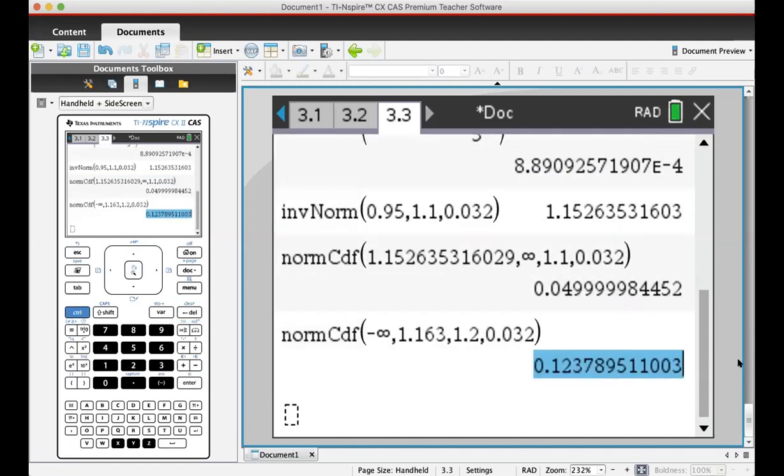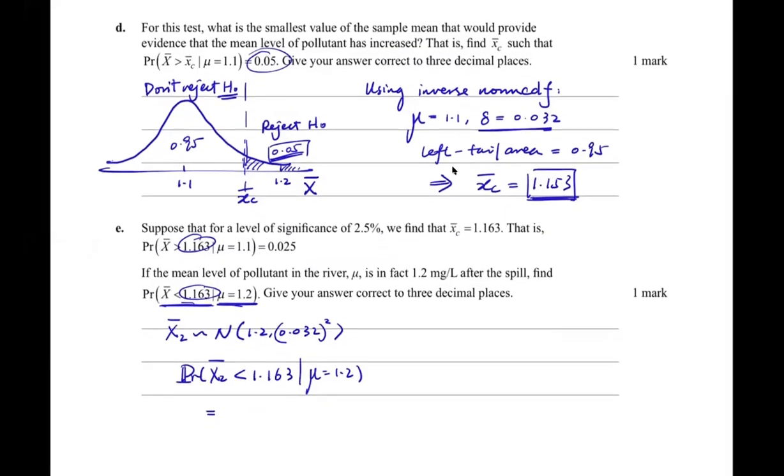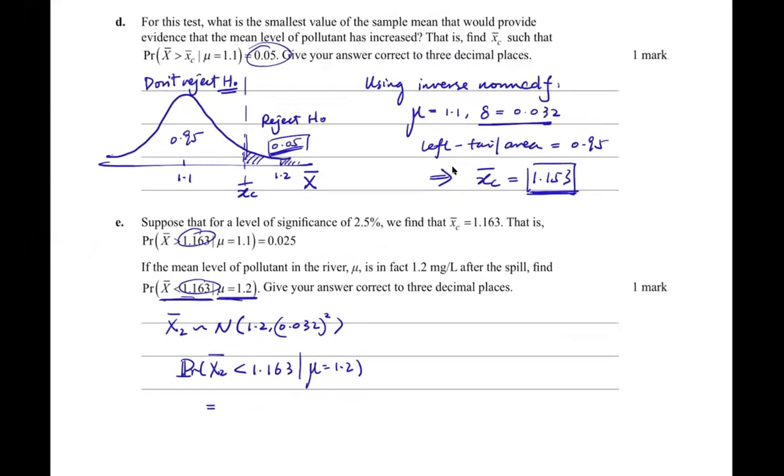This time the value is much more reasonable, okay? Using the given information. So that's it. Correct to 3 decimal places.